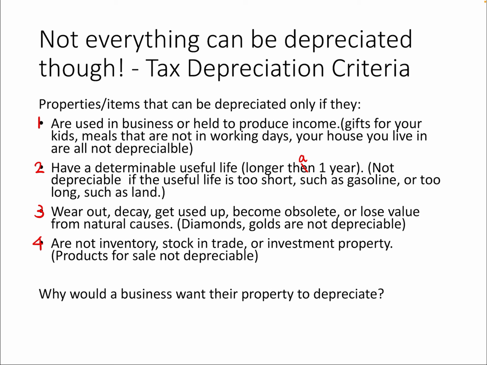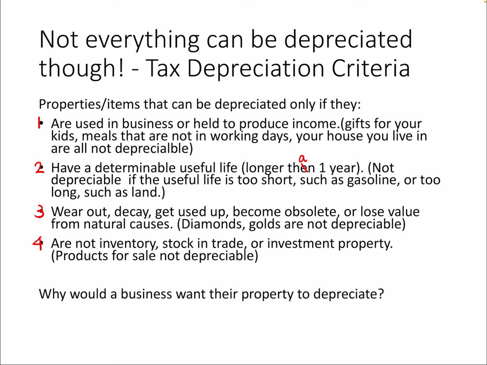And the last category are the things that are not inventory or stock in trade or investment property. So if you have inventory in your factory, for example your wood products like your finished furnitures sitting in the inventory, they are not depreciated because they have value and they can be sold, they can produce value at a later time.